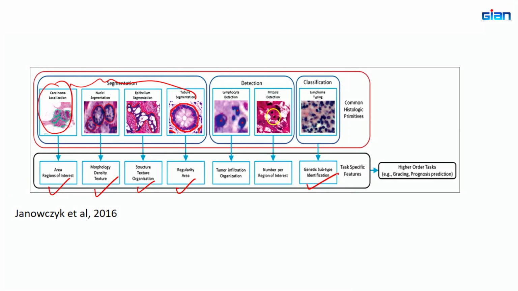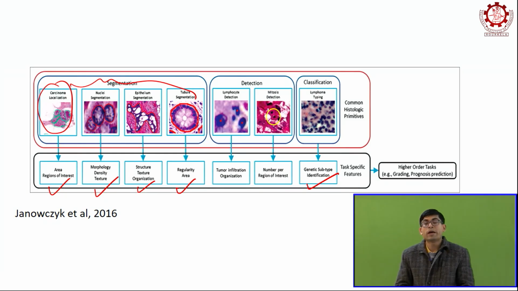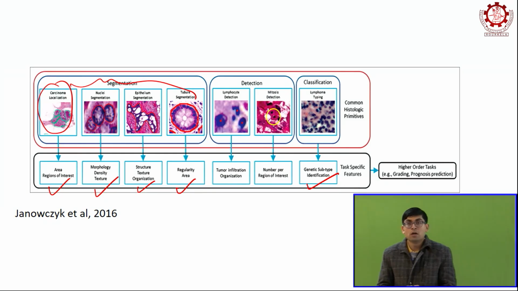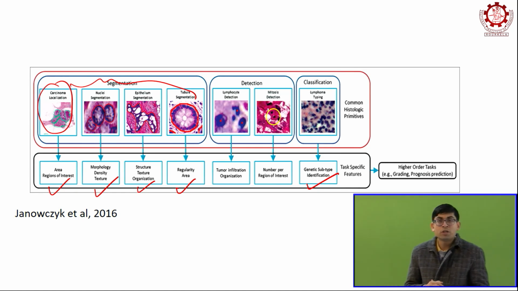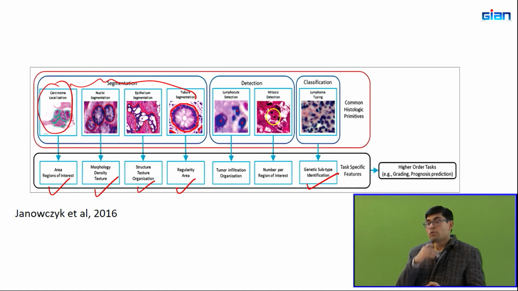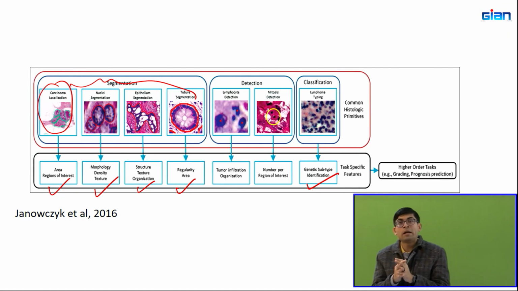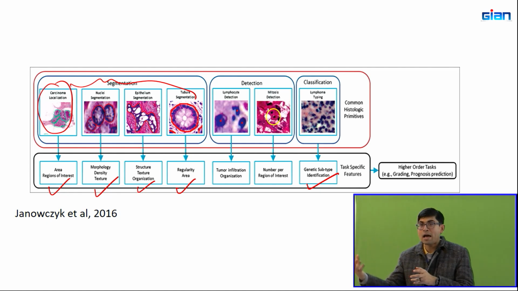Genetic subtype classification. So genetic classification is important because depending on what the subtype is, clinicians or oncologists can then decide what treatment needs to be given to the patient. So many times what happens is you have to send the tissue to a specialized lab to do sequencing and to identify what that subtype is.